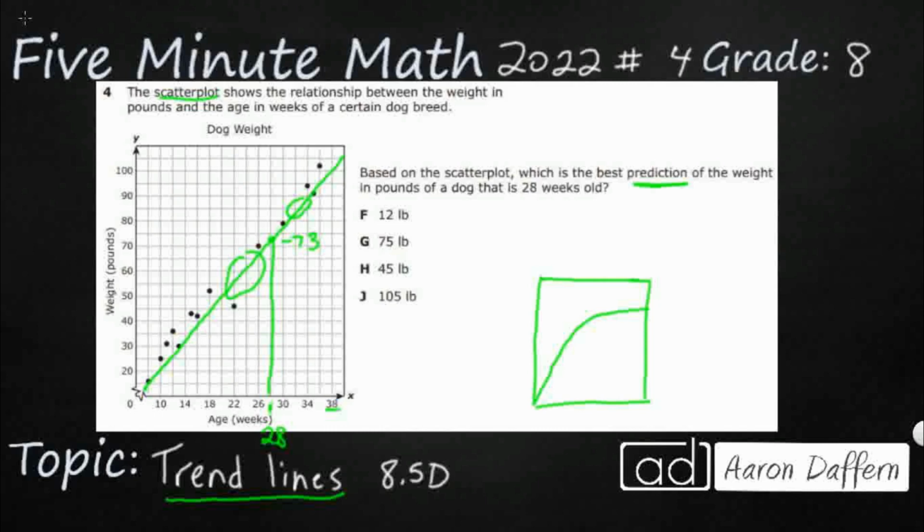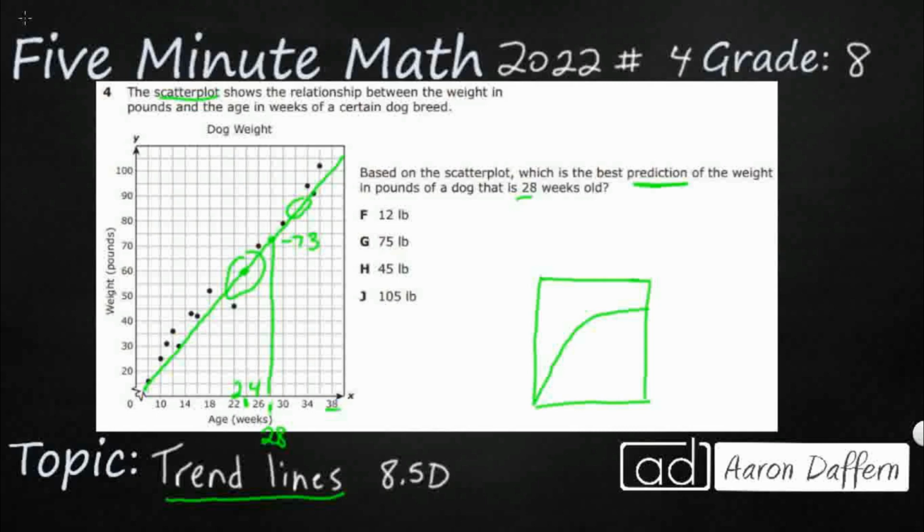So when I first saw this problem, I was expecting 24 weeks, just because that's this gap right here, and I was expecting something right around there, just because that's the largest gap. But that's why we have to read each problem individually. We're looking for 28 weeks. And so I'm thinking 73.